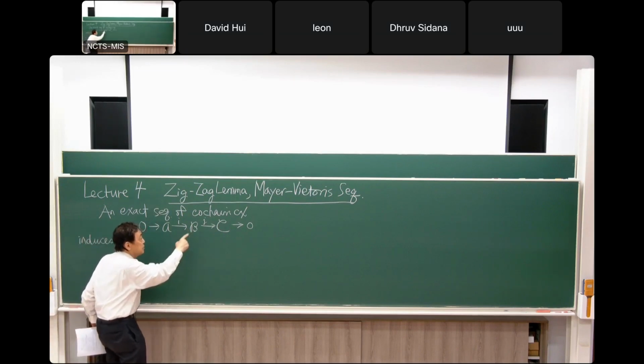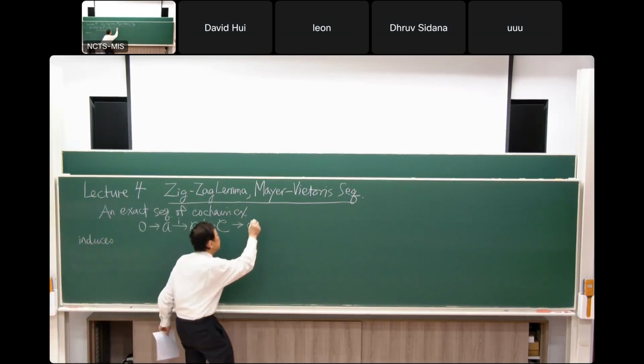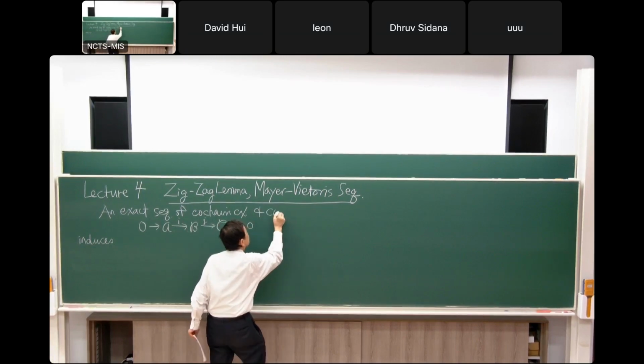Any cochain map will induce a map in cohomology.